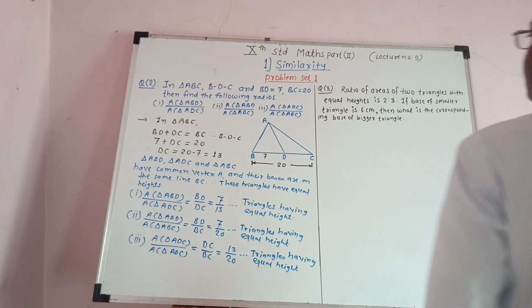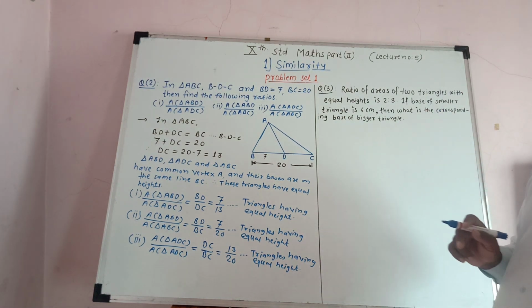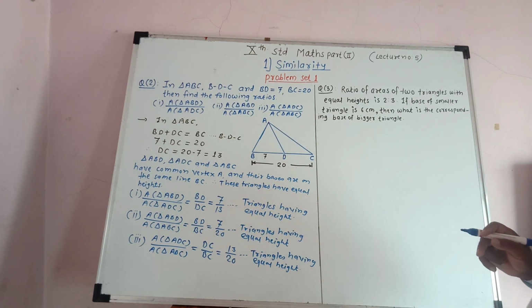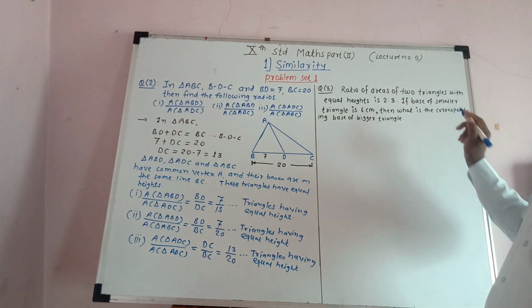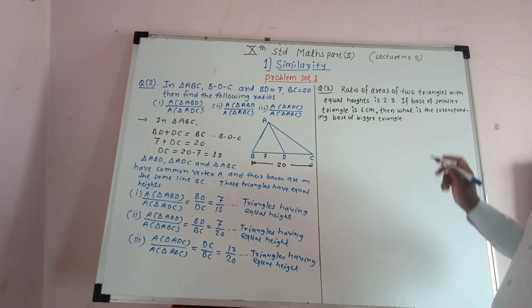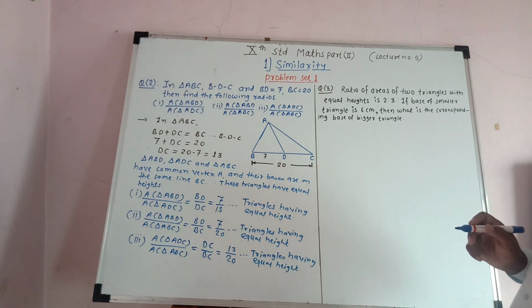Now let's solve question number 3. Ratio of areas of two triangles with equal heights is 2:3. If base of a smaller triangle is 6 cm, then what is the corresponding base of bigger triangle?